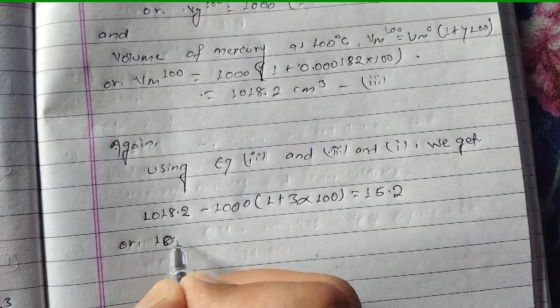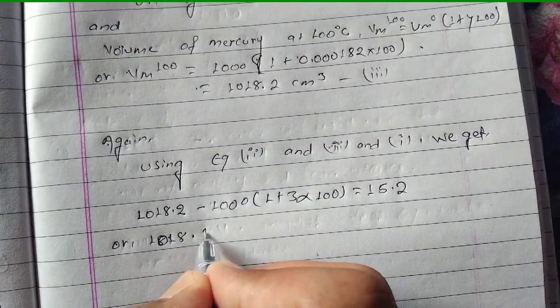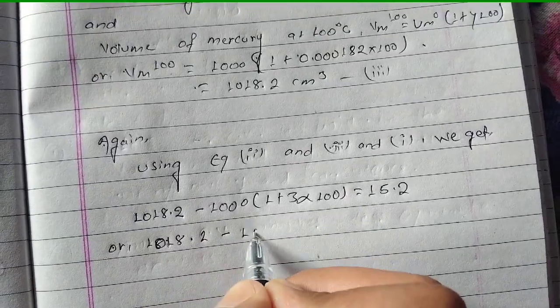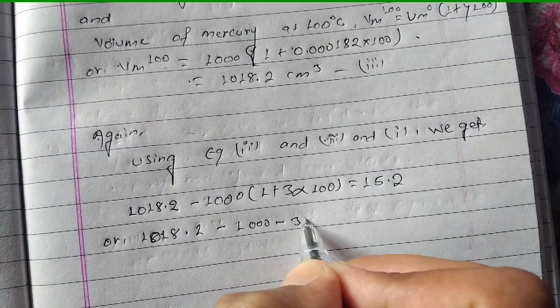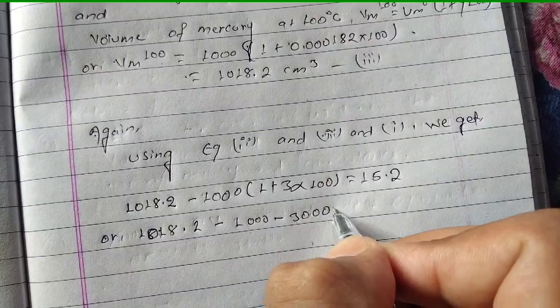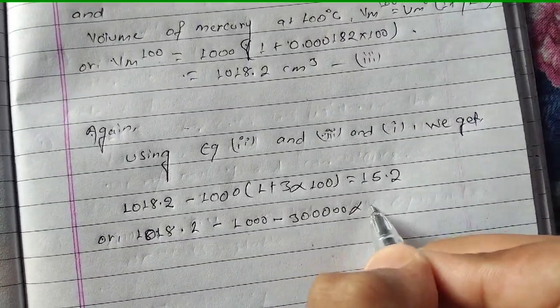Formula of overflow: 1018.2 minus 1000 minus 3000 alpha equal to 15.2.